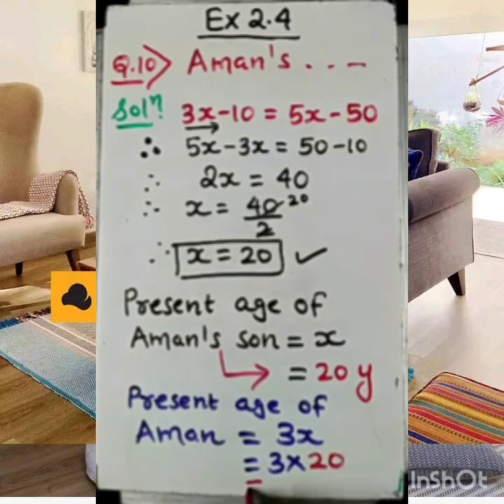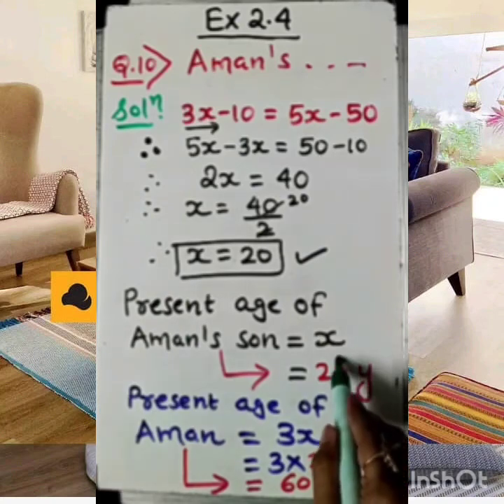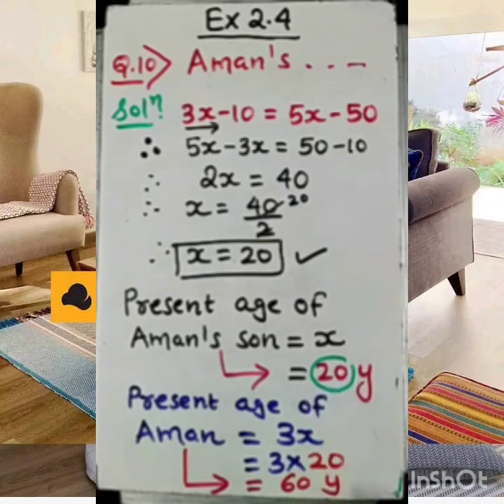So 3 into 20 gives the result 60 years. So the present age of Aman will be 60 years. So dear student, Aman's son's age is 20 years, and Aman's age is 60 years. This is the complete solution of question number 10 of exercise 2.4.